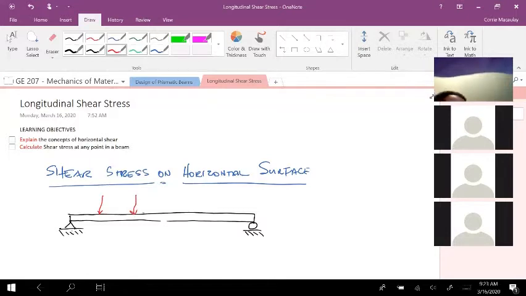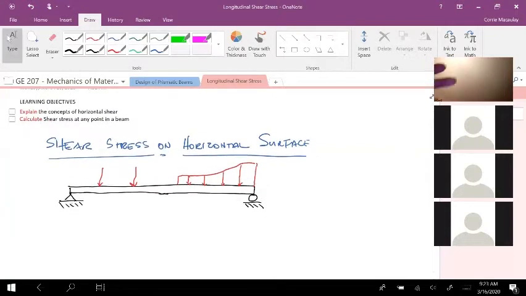I'm gonna put another point load there, and let's just say this is a distributed force, not a uniform distribution, basically. Let's say we have something like this.